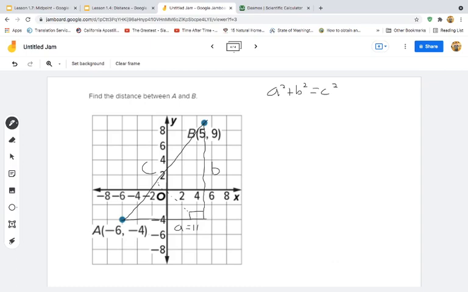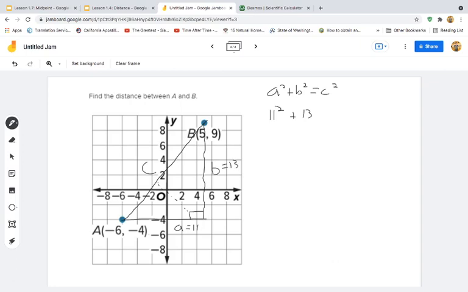If we start at -6, we end up at +5, so that's 11. We'll plug that in for A, so we have A squared is 11 squared plus B squared. Down here, we start at -4 and end up at +9. To go from -4 to +9 is a length of 13. So we have 13 there.